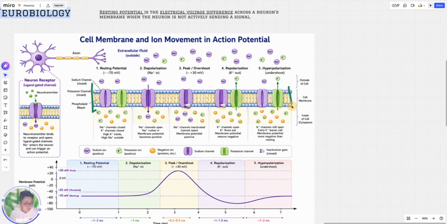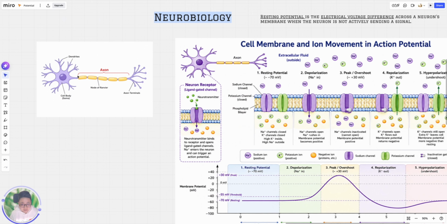Basically, this part is representing the axon on this picture, right? So just in your head, translate that. Here, this part equals this part. That's it.